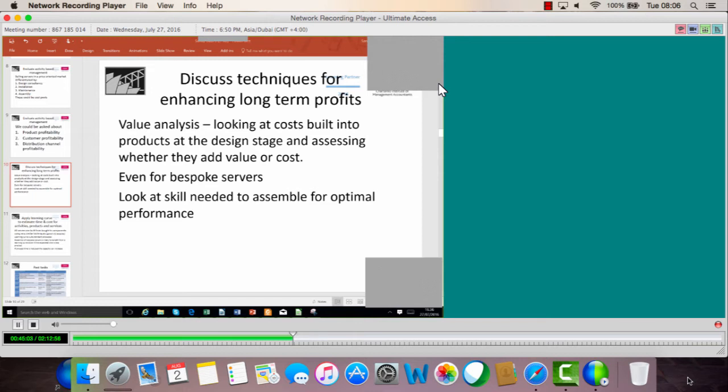So we need to look at the skill needed to assemble for the optimal performance, and that's quite important because that will show us the labor cost requirement. At the moment, when I look at my surplus, I'm simply looking at the expenses that are taken away from the revenue that we generate from each product.